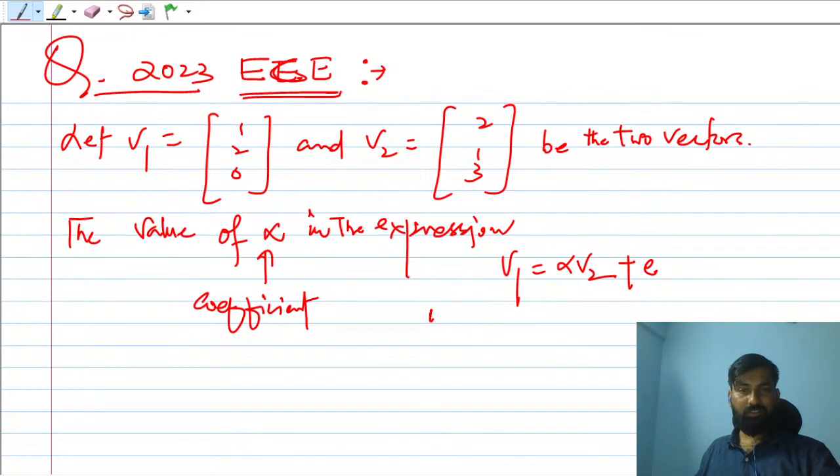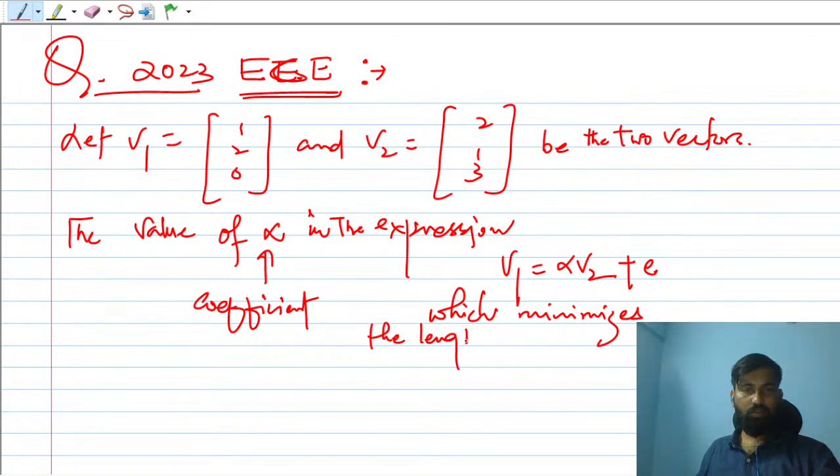Which minimizes the length of the error vectors. So this is your question, and there were some options as well.